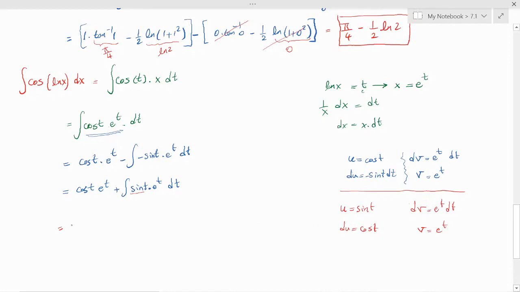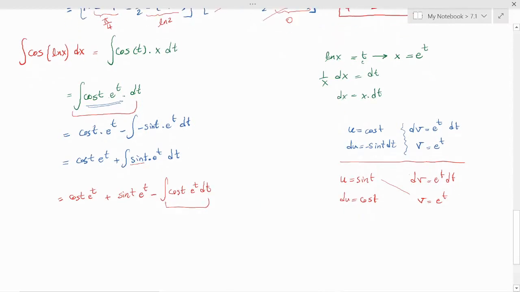So now this equals cosine t e to the power t, which is still there, plus, since we're doing integration by parts again, the product of u and v, which is sine t times e to the power t, minus the integral of v times du, which is cosine t e to the power t dt. Okay, you notice we started from here and we ended up at the same thing.